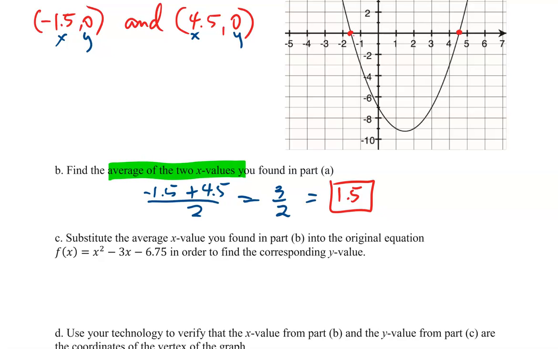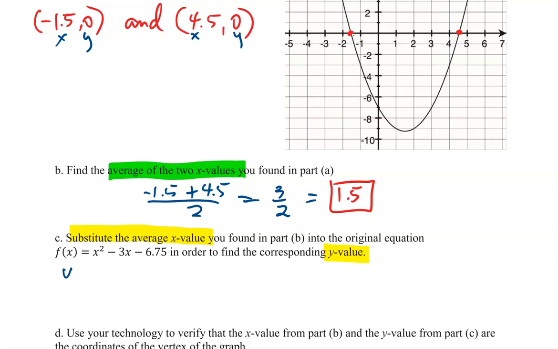Then, letter C: substitute the average x value you found in part B into the original equation f of x equals x squared minus 3x minus 6.75 to find the corresponding y value. Let's do that.